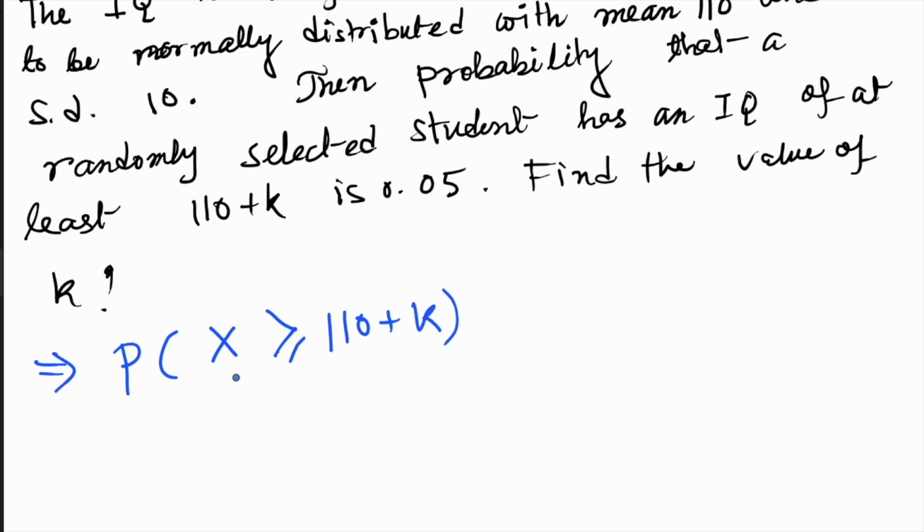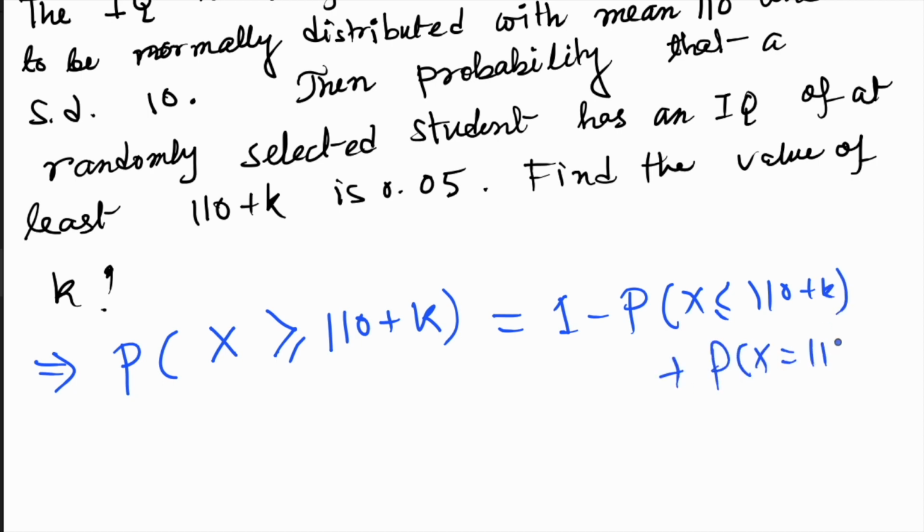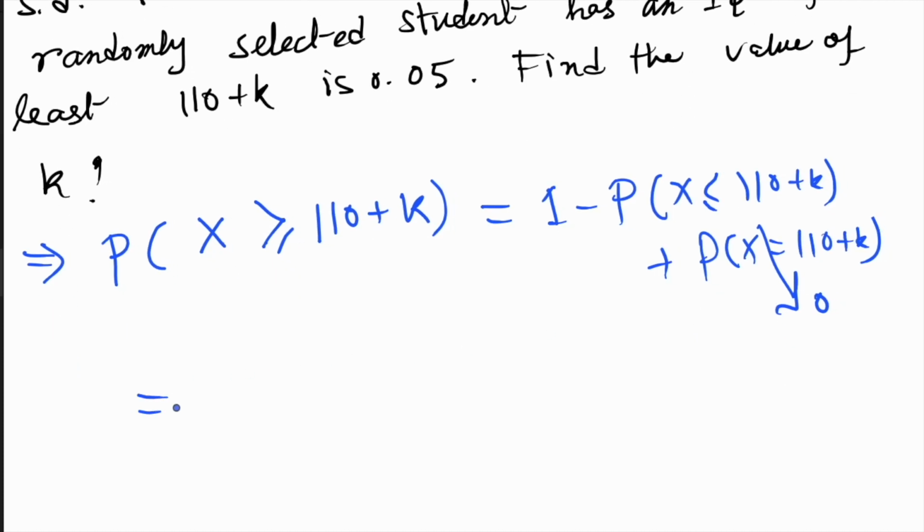This is 1 minus the probability of X less than or equal to 110 plus k, plus the probability of X equal to 110 plus k. As X is a continuous variable, this is 0. So that means 1 minus the probability of X less than or equal to 110 plus k.